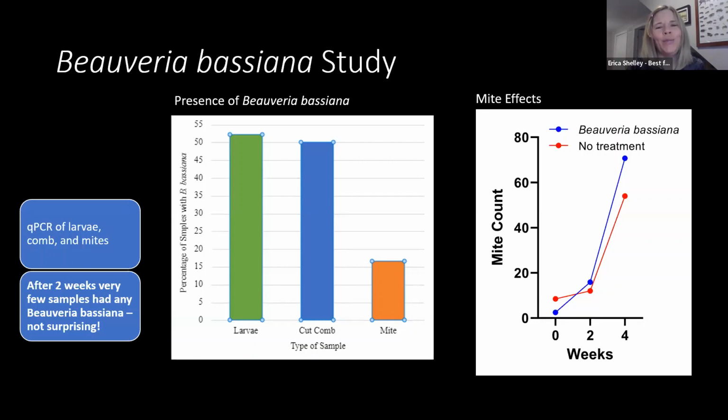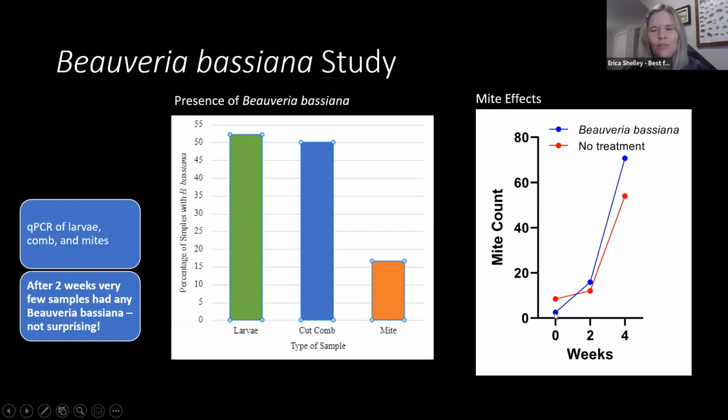In fact, if you look at the graph on the far right, you'll notice that for the no treatment group, the mite counts, so these are our alcohol wash counts, were close to 0 when we started. Two weeks later, about 15 for the no treatment, and then around 55 or so at 4 weeks.